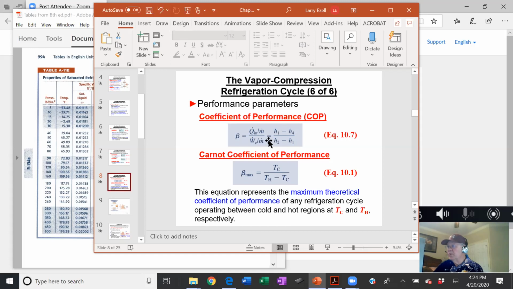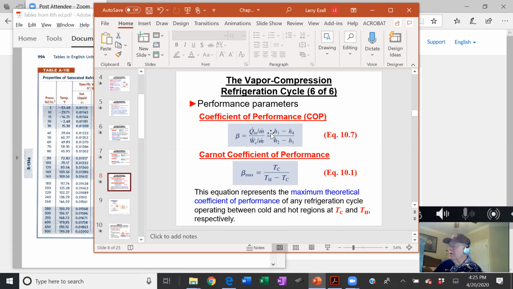And it's always going to be greater than 1, by the way. The way to interpret that is, say beta calculates out to 4. That means you're getting 4 units of cooling for every unit of work. You're getting 4 BTUs for every watt of electricity.